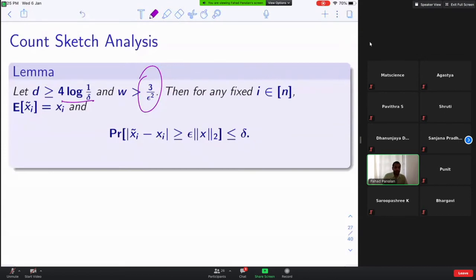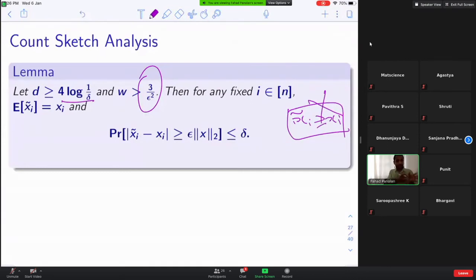Omega of log 1 by delta, where you take the constant. Now we don't have the property we had previously, xi tilde is greater than or equal to xi. This was the case in count_min, and it is not there here.